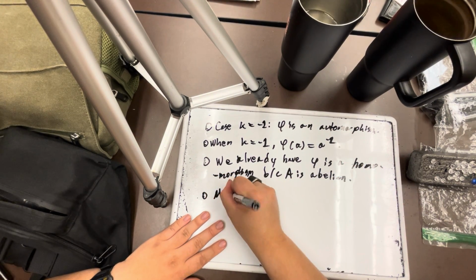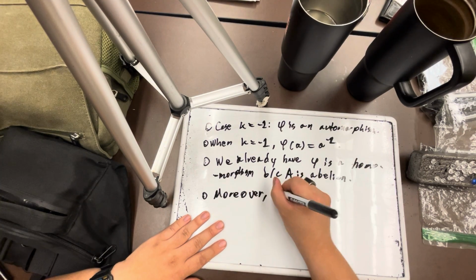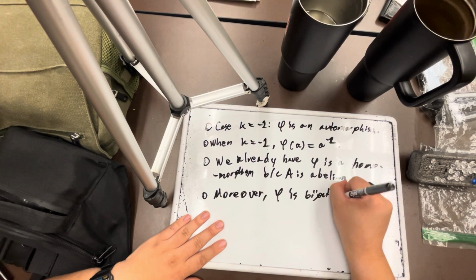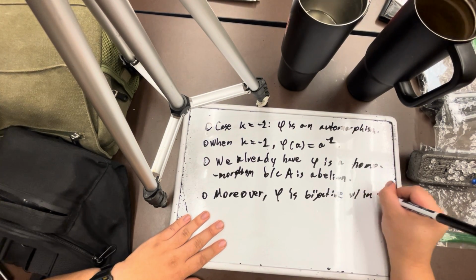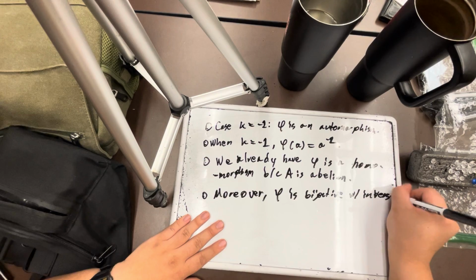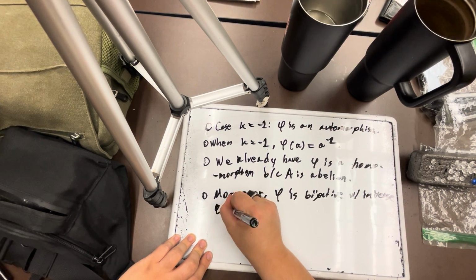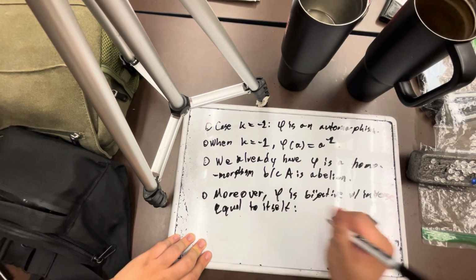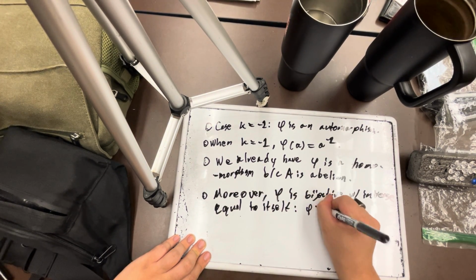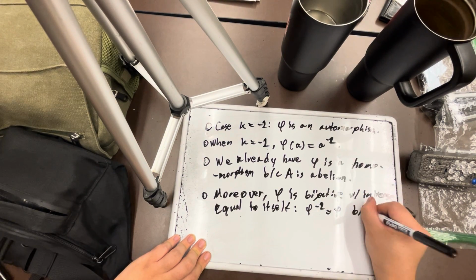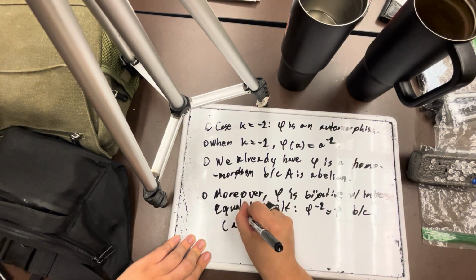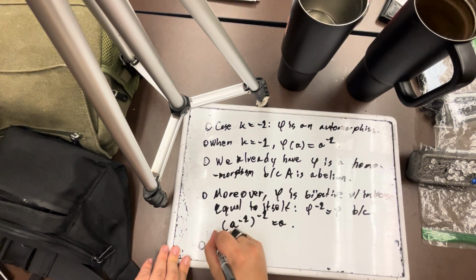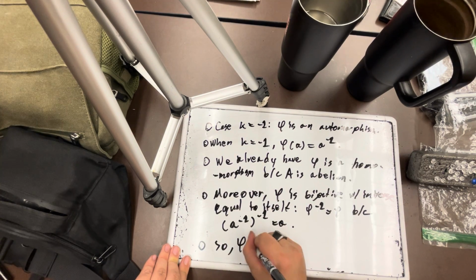Moreover, phi is bijective with inverse equal to itself. Such that the inverse of phi is equal to phi because (a to the -1) to the -1 is equal to a. So phi is an automorphism.